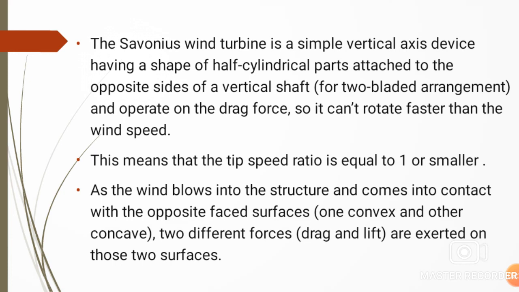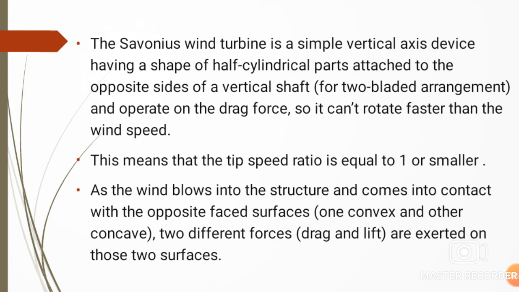In a Savonius type, first we take one cylinder, and this cylinder has an axis of rotation at the center. Cut this cylinder at the middle, and we get two equal half cylindrical parts. These two equal half cylindrical parts are attached to a vertical axis, which is a fixed axis.